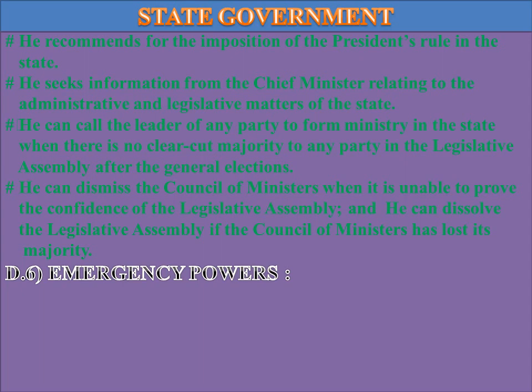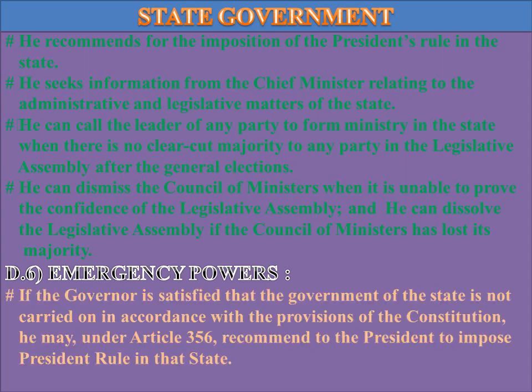If the governor is satisfied that the government of the state is not carried on in accordance with the provisions of the Constitution, he may, under Article 356, recommend to the president to impose president's rule in that state. As soon as president's rule is imposed, the administration of the state is carried on by the governor as the representative of the president.